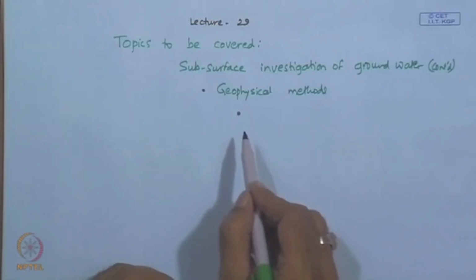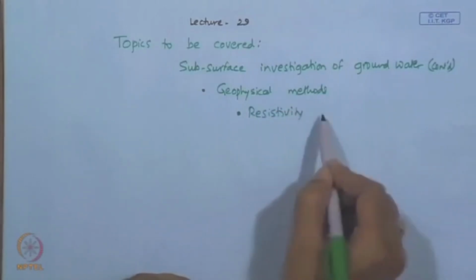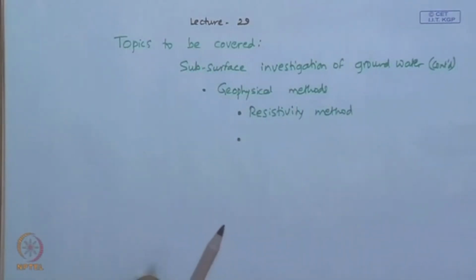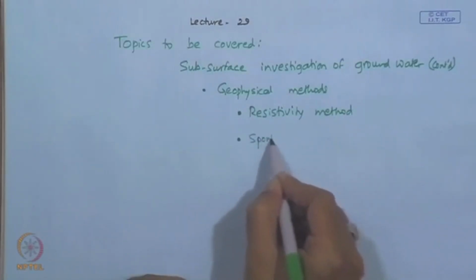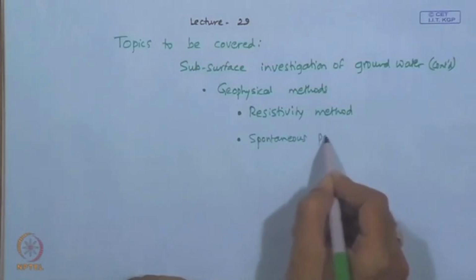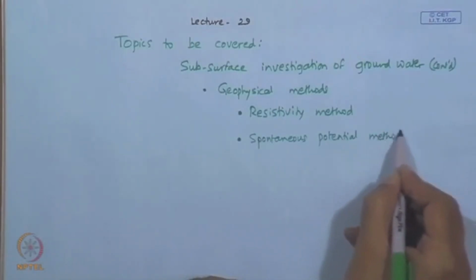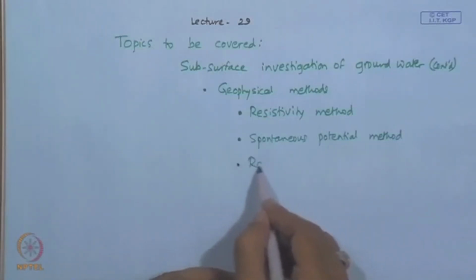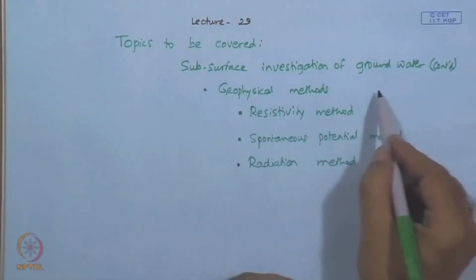Under these geophysical methods, first the resistivity method, then followed by the spontaneous potential method, followed by the radiation method.